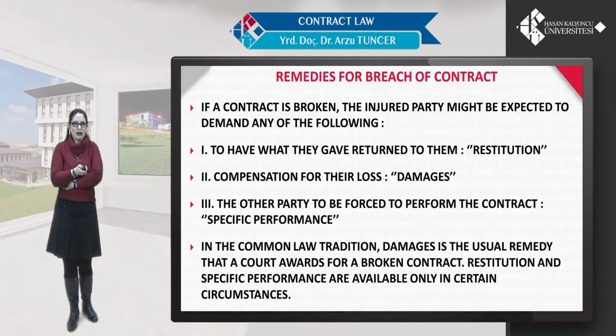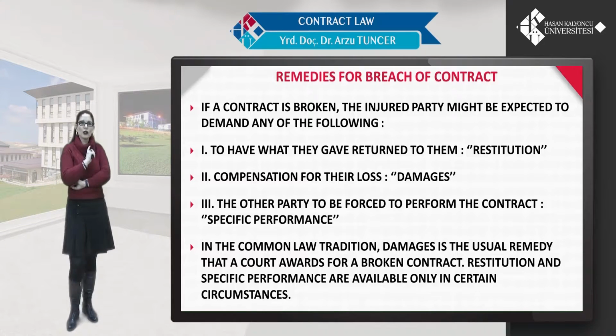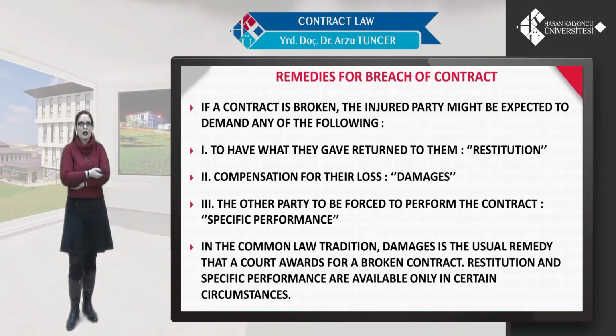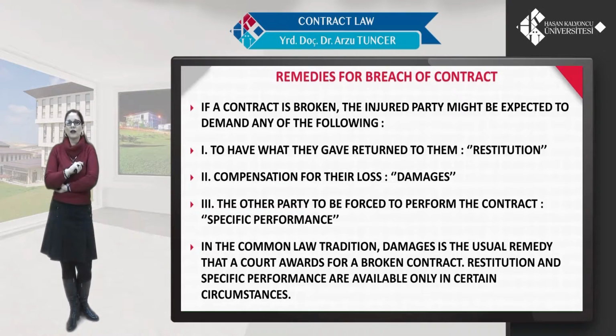We mentioned the breaching party. So, what else? As a third one, the other party to be forced to perform the contract. We call it specific performance. In the common law tradition, damages is the usual remedy that a court awards for a broken contract.